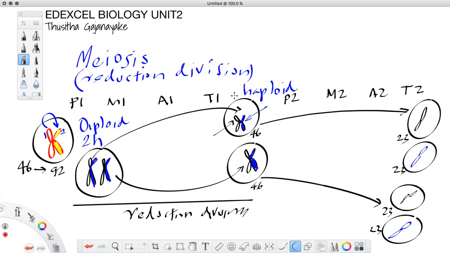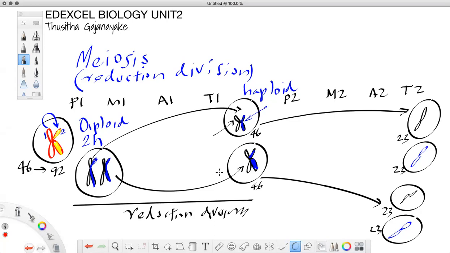So we can divide basically meiosis into two stages. That is stage 1: prophase 1, metaphase 1, anaphase 1, telophase 1. And the second one: prophase 2, metaphase 2, anaphase 2, telophase 2. So reduction division, getting half of the chromosomes, actually happens at the first stage.